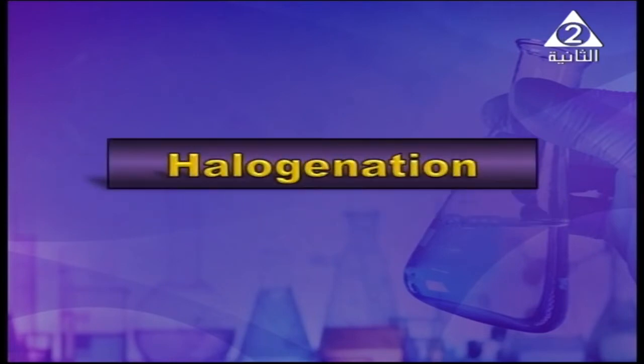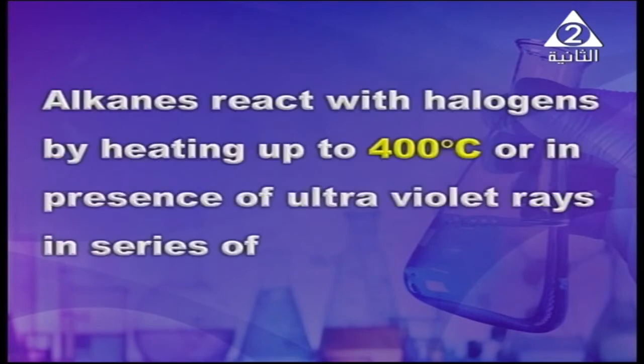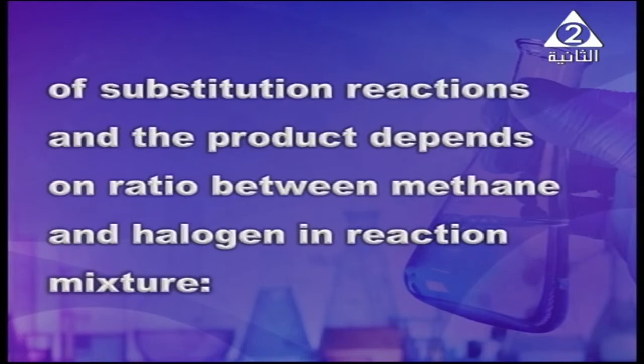Here we are going to discuss the halogenation reaction, meaning the reaction of alkanes with halogens: fluorine, chlorine, bromine. Here alkanes react with halogens by heating up to 400 degrees or in the presence of ultraviolet rays in a series of substitution reactions, and the product depends on the ratio between methane and the halogen in the reaction mixture.